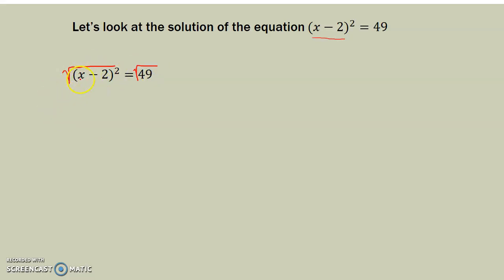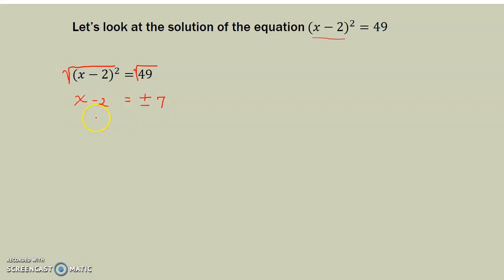The square root of the quantity x minus 2 squared would just leave me with x minus 2. The square root of 49, lovely, it is a perfect square, is either positive or negative 7. So please don't forget that you have those two roots there, so keep that in mind.